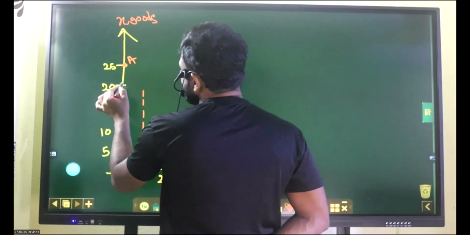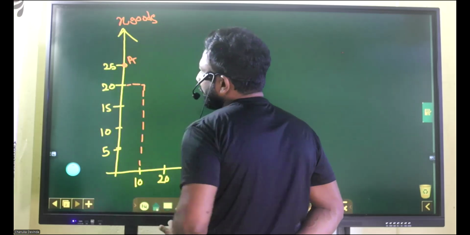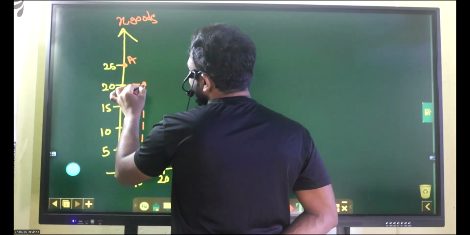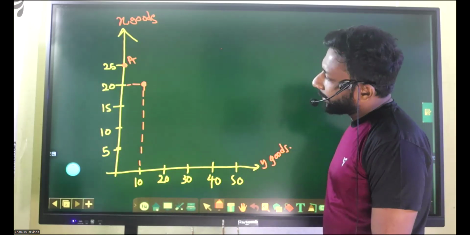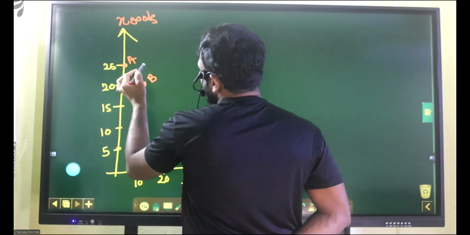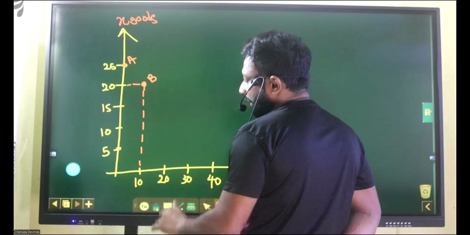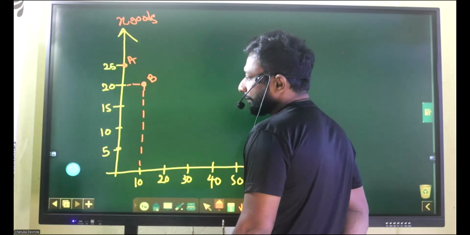So the second point is 20 units of X with the combination of 10 units of Y, right? So here B can be identified.